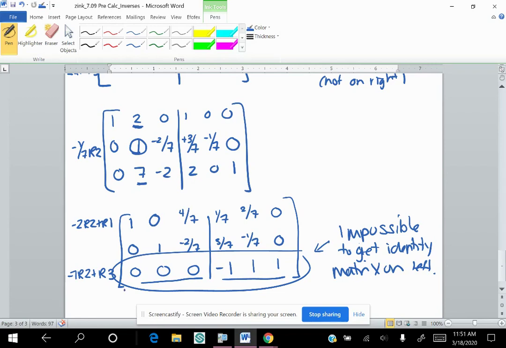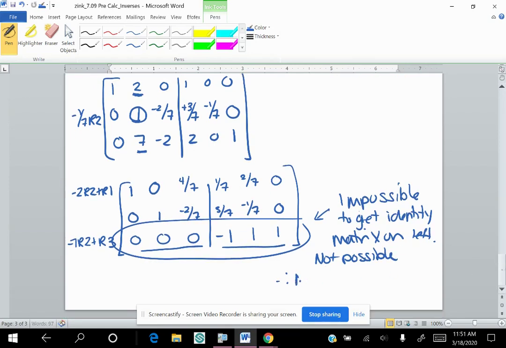So as soon as we get all those zeros on the left side, we know that it is not possible. So there is no inverse. You could say that this is singular, is another way people say it, or just saying it's impossible is fine too.